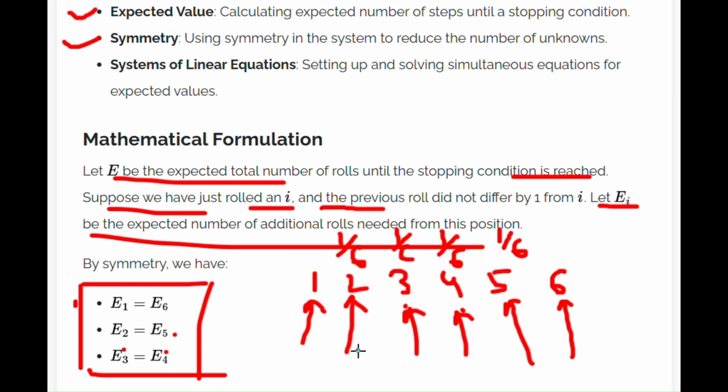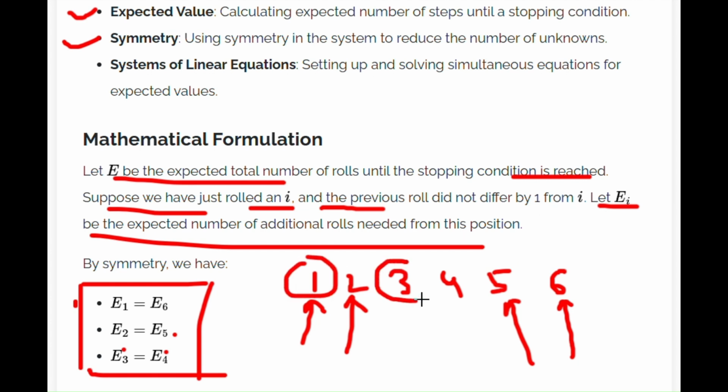Similarly, if you just rolled a 2 here and the next roll is 3, you would be reaching the success state. Or if you roll a 1, in that case also you would be reaching the success state. The same thing happens when you've just rolled a 5. Your success happens if you roll a 4 or a 6.